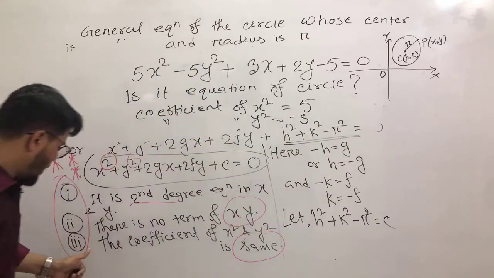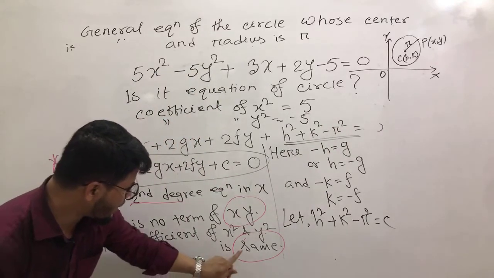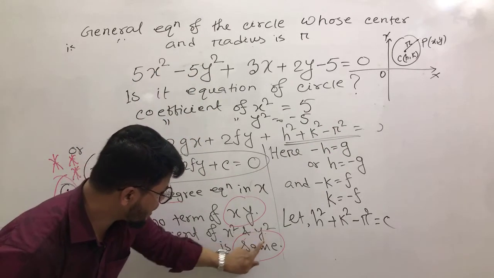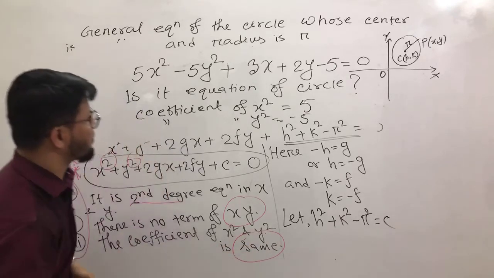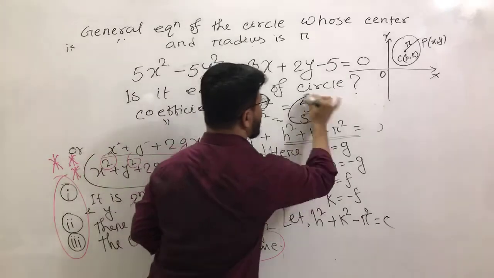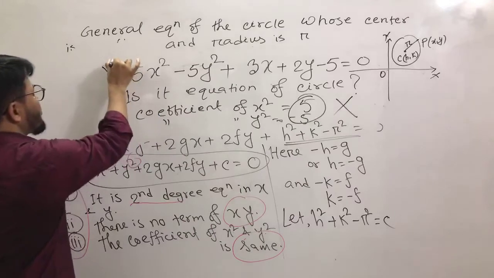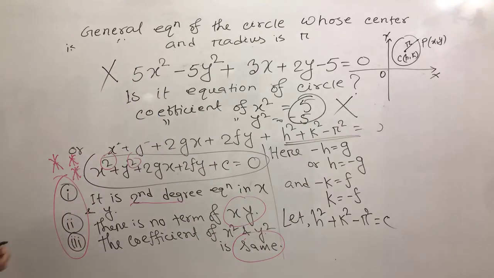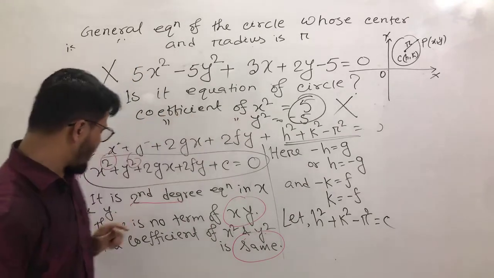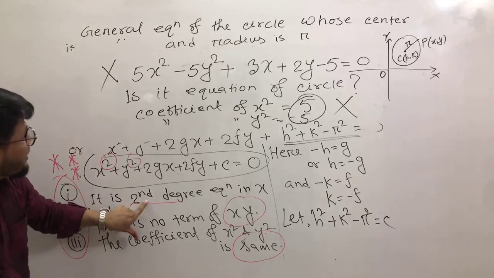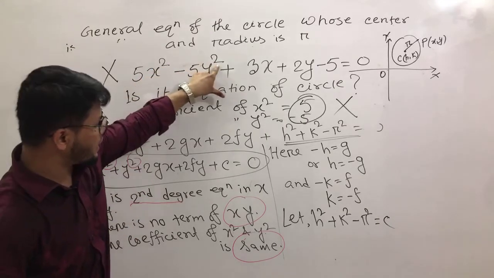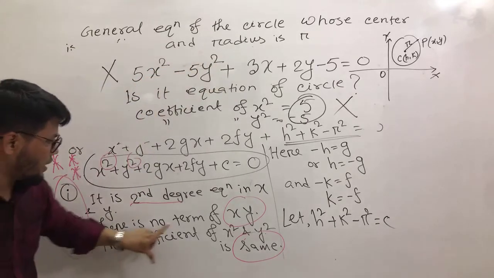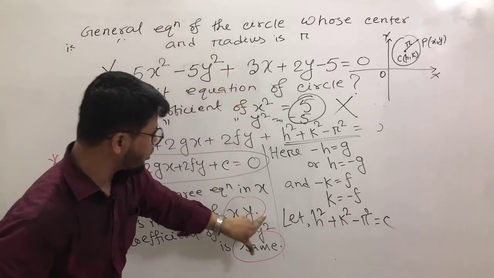But in the third characteristic, the coefficients of x square and y square must be the same. Here they are not the same, so this is not the equation of a circle. The first step, it is definitely a second degree equation, and there is no xy term, this is also right.